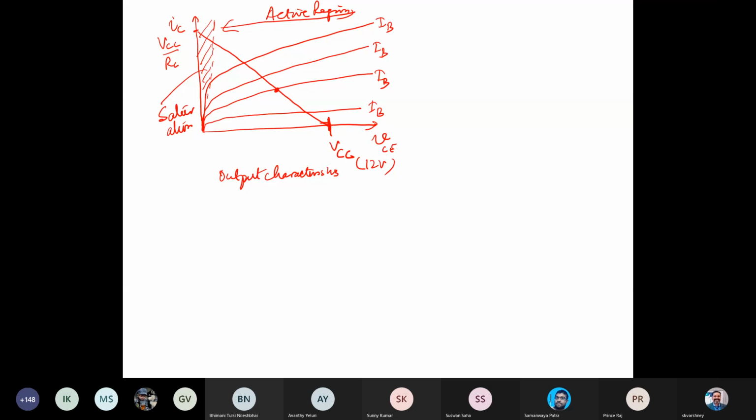The Q point should not be at 0, but at a certain saturation voltage, roughly 0.1 to 0.2 volt for silicon based transistors. So the output voltage level should be somewhere in between these two.